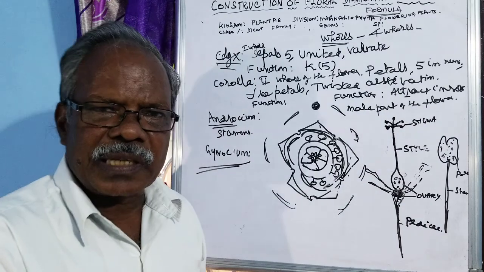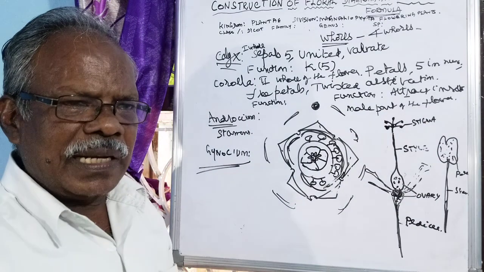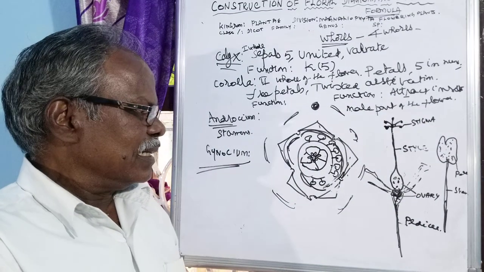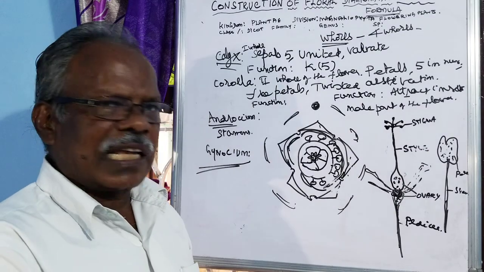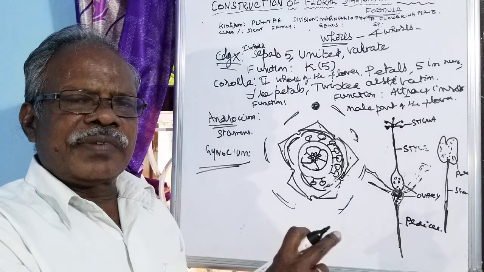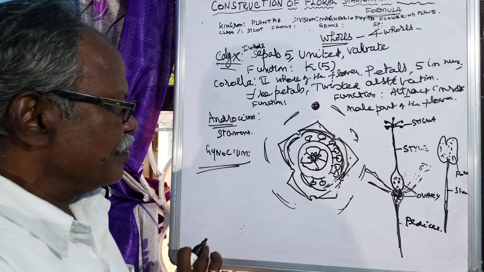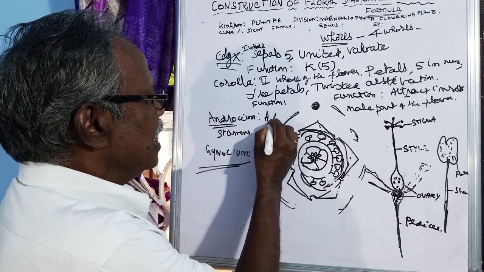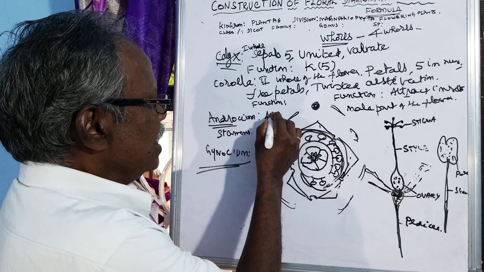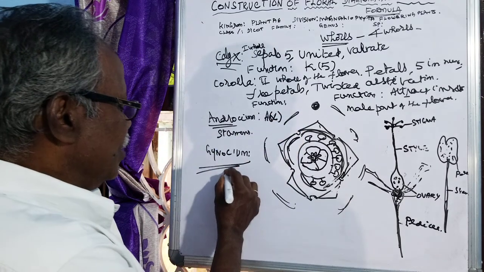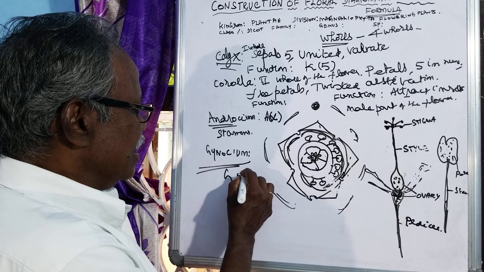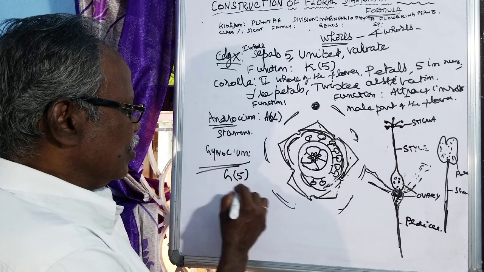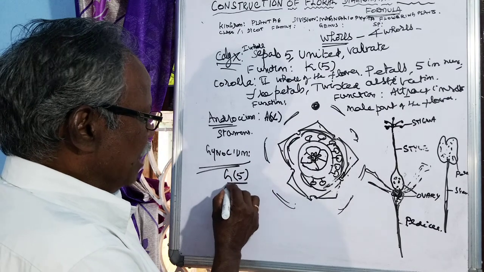Gynoecium is the female part of the flower. The pentacarpellary, axial placentation, the style, the stigma is 5 branched and velvety structure. These things you have to mention in gynoecium. Androecium is mentioned as A, that is numerous, then within bracket it is fused. Gynoecium is 5, that is united, so like that we have to mention, and it is hypogynous.